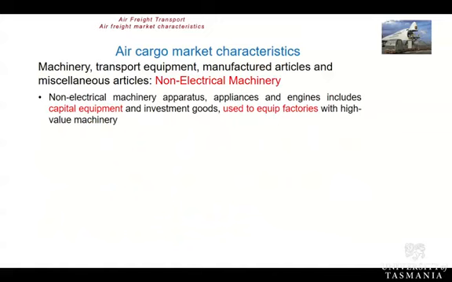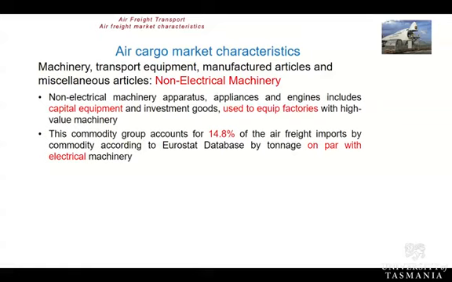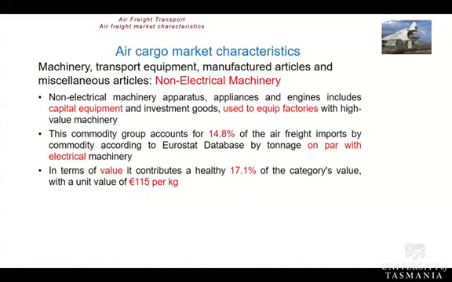Moving on to non-electrical equipment, so we're talking about appliances, engines, other apparatus, often capital equipment, investment goods. Often these goods are used to provide the infrastructure for manufacturing facilities, with high value equipment. A significant percentage, around 15%, and in terms of tonnage on a par with non-electrical machinery.